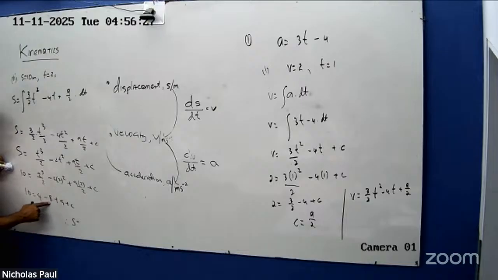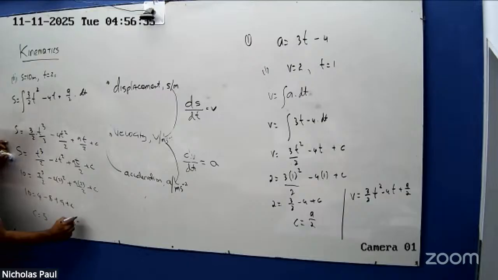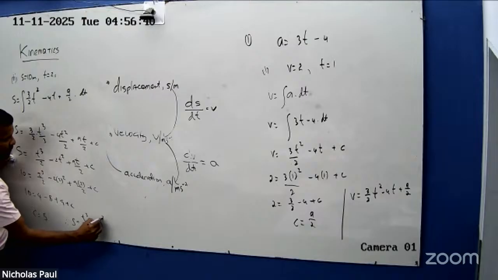So that's minus 4, 5. So your final equation is T cubed on 2.